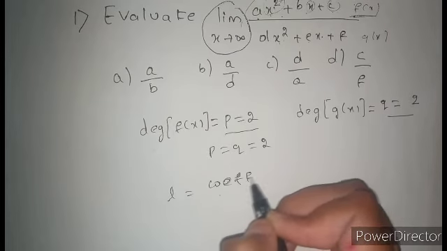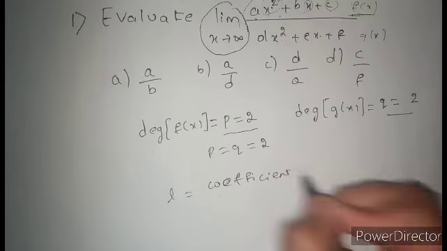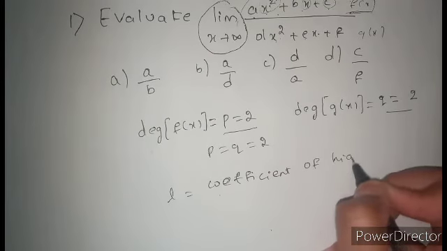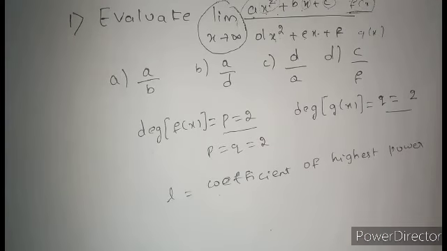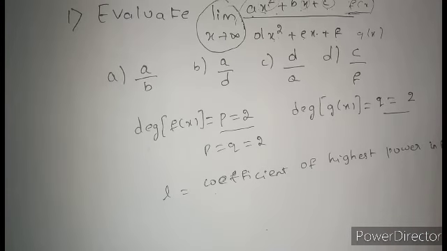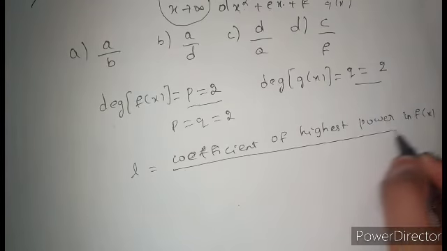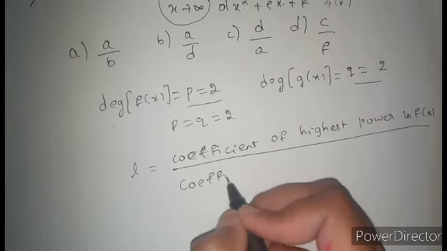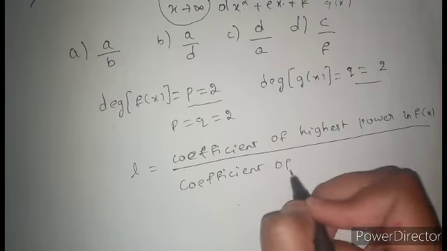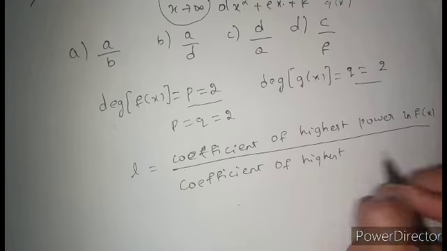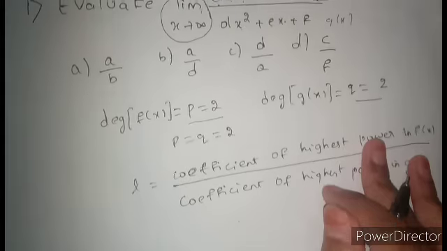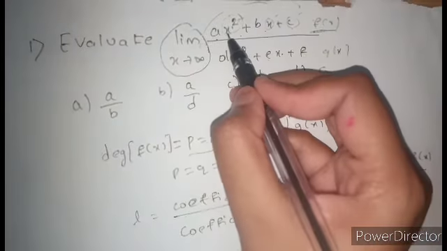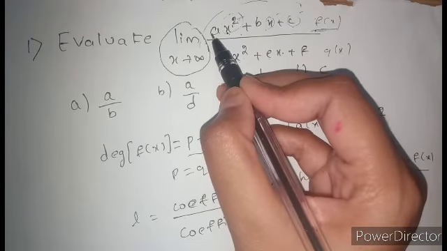So what is the third condition? Coefficient of highest power in f of x divided by coefficient of highest power in g of x, right? So now observe here, highest power is x square, coefficient of x square is a here.